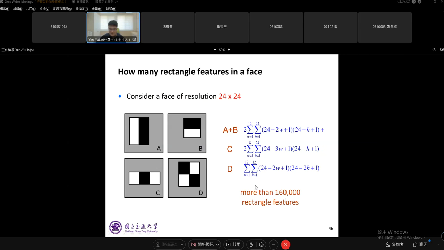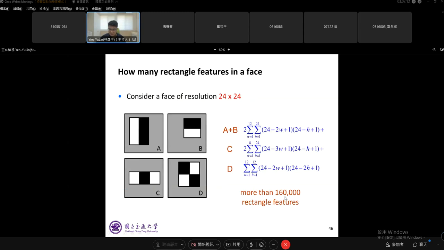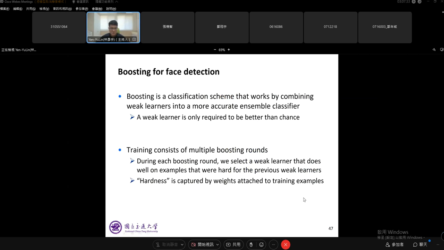Actually, the rectangle feature, as explained here, is useful to separate face and non-face. But there are too many rectangle features. In this situation, Viola and Jones use AdaBoost to select a small subset from such a huge pool of rectangle features to construct the face detector. Let's recall the property of boosting.